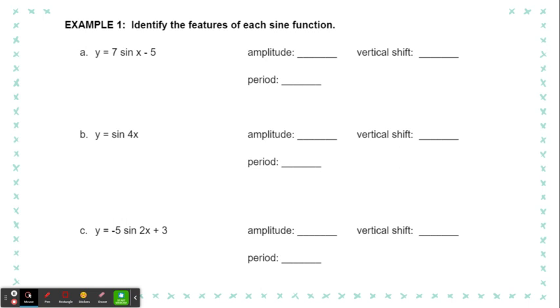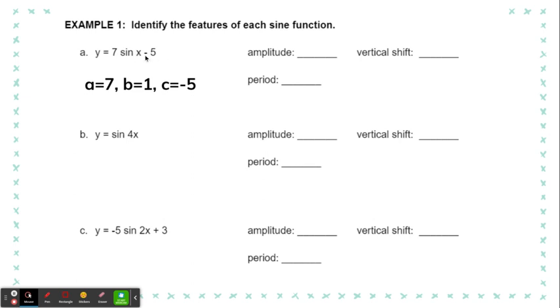Okay? All right, let's practice a few. So given an equation, you need to identify the parts of the graph. So we're not graphing here yet, but we are going to identify. So which number represents amplitude? Amplitude was that A value, that number in the front. So it's that 7. Here I don't see a number, which means it's 1.